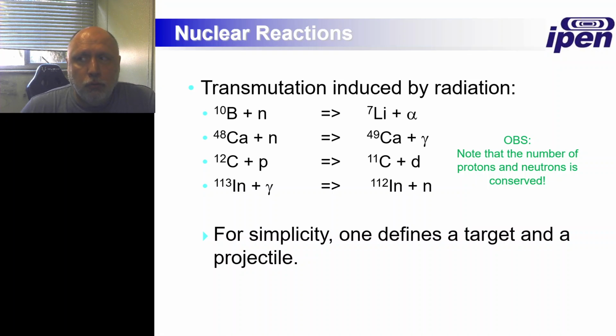For hydrogen, because it's the most common element in the universe, and because of tradition too, we say proton instead of hydrogen 1. We say deuteron instead of hydrogen 2, and the symbol is a D. And we say triton or tritium, the symbol is a T, for hydrogen 3.